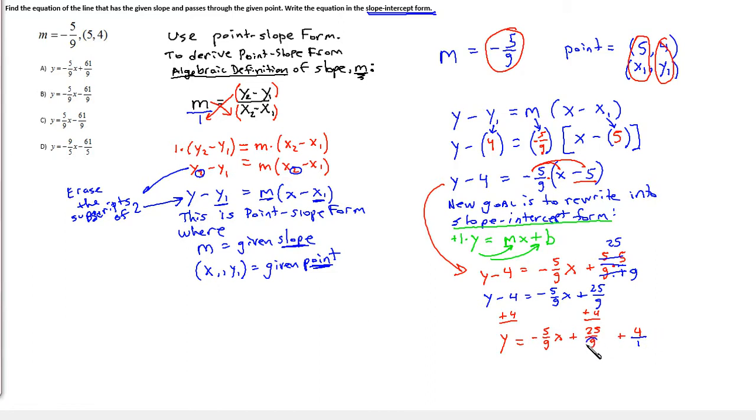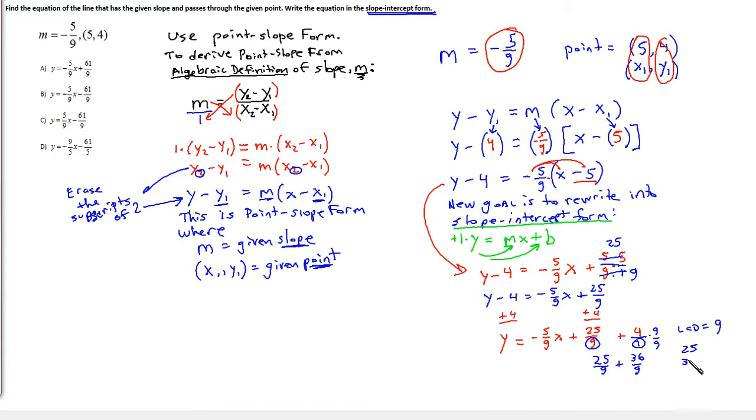So the LCD between 9 and 1 is 9. The LCD is 9. And we're going to multiply this by 9/9. So we're going to get 25/9 plus 36/9.